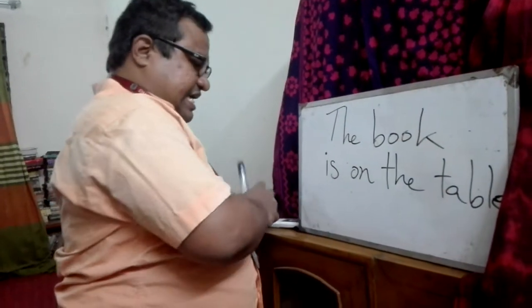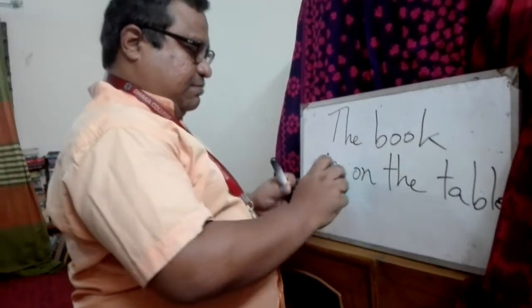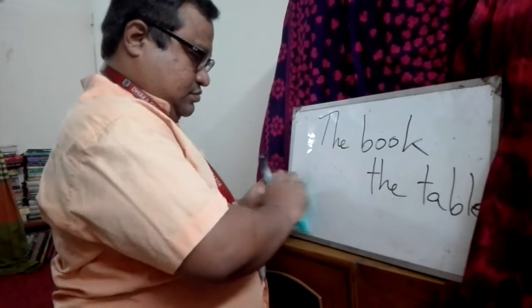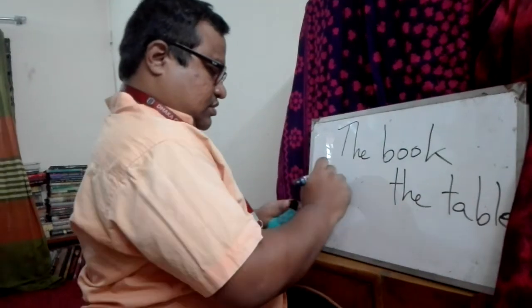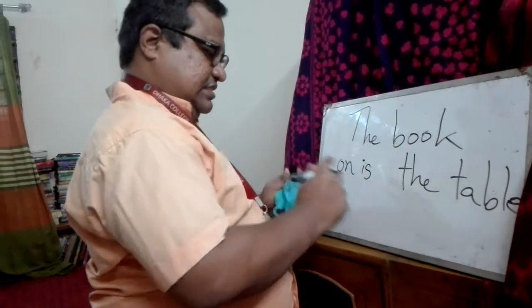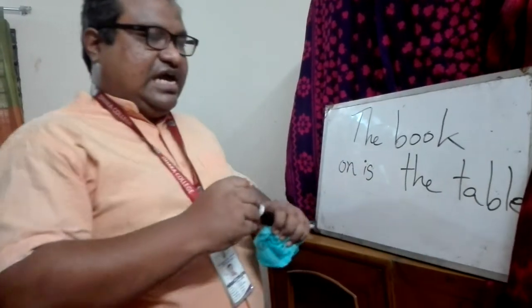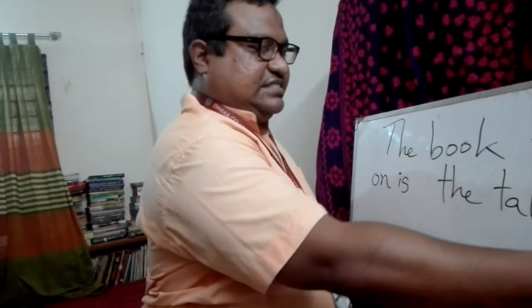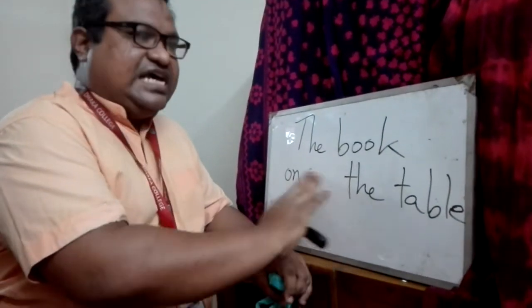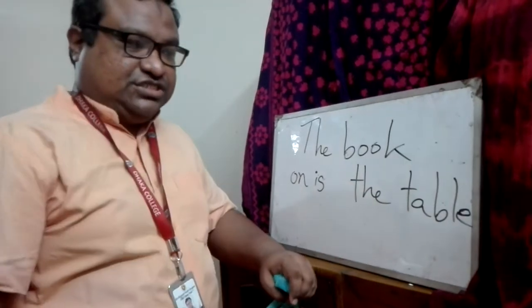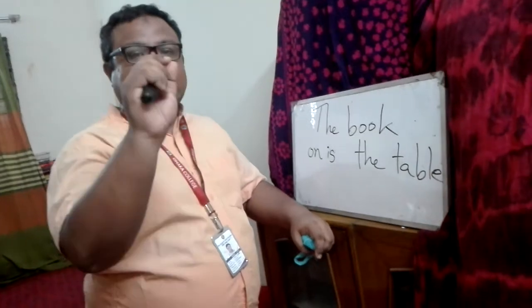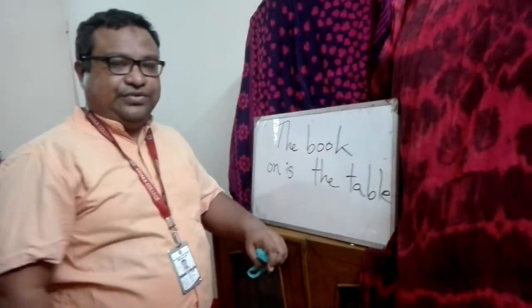But if we say that the book on is the table, here we find that all the grammatical elements in a sentence are not properly arranged. It violates the structural and grammatical unity.